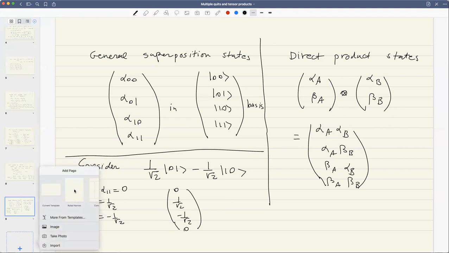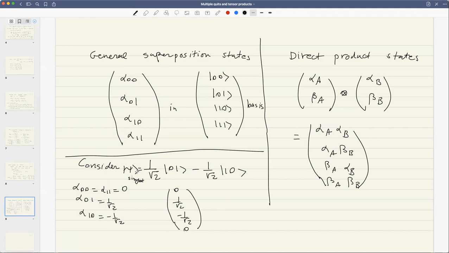So let's call this psi singlet. It has a name. It's called the singlet state for reasons that we don't worry about in this course.